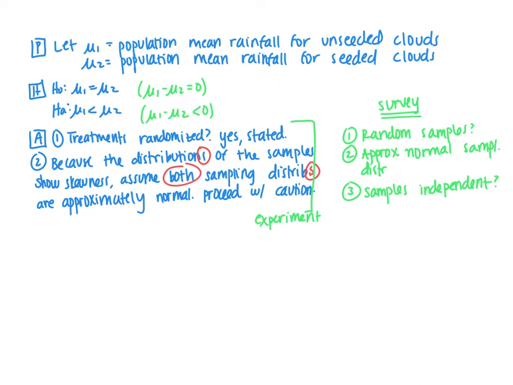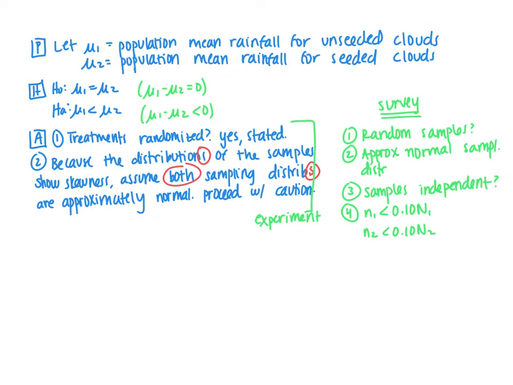And then lastly, here is where we would need to check the 10% rule because sampling was done. Because we have two different samples, you have to check the 10% rule for both. So your first sample would have to be less than 10% of that population. And then your second sample would have to be less than 10% of that population.